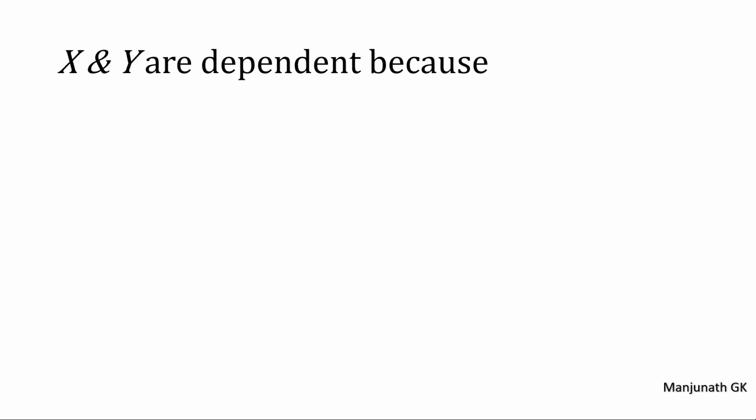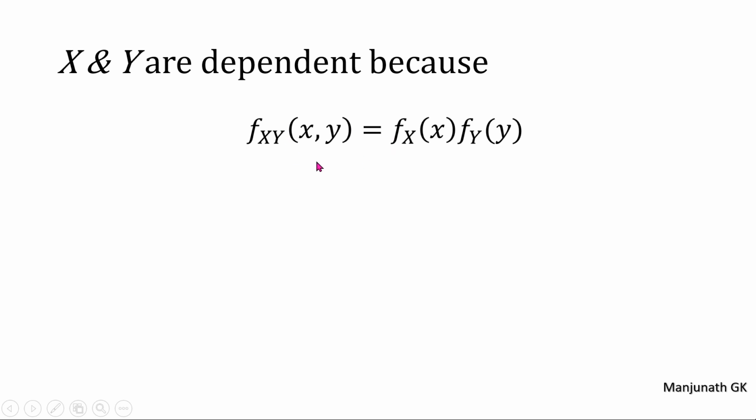The last question is, are x and y independent? I will give you a hint here. To say that x and y are independent in nature, this condition should hold good: a bivariate PDF should be equal to the multiplication of the individual PDFs.